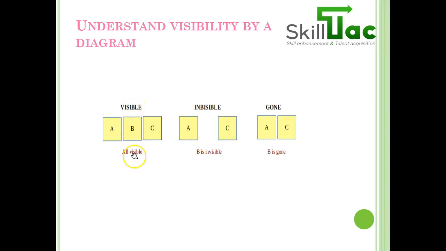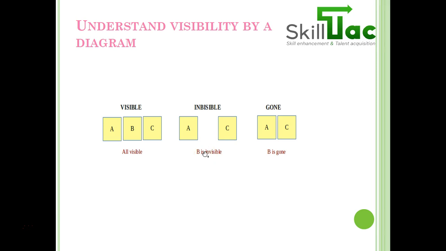So here are the three states that we discussed earlier: visible, invisible, and gone. The visible view is pretty self-explanatory, where all three views are visible to the user in front of the screen. Now we come to the invisible view. In the invisible state, we cannot see a view.